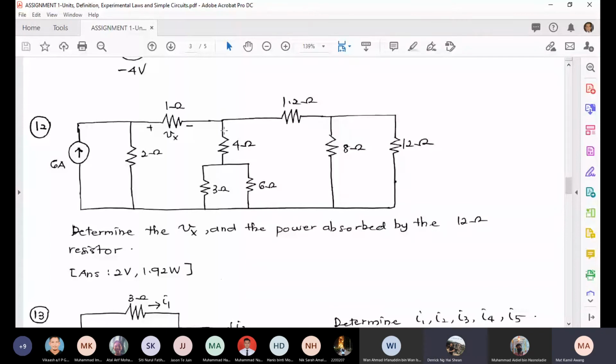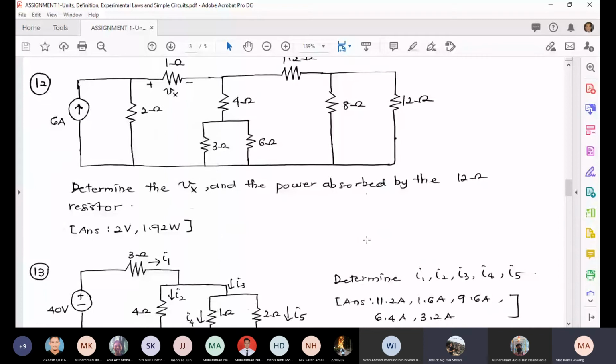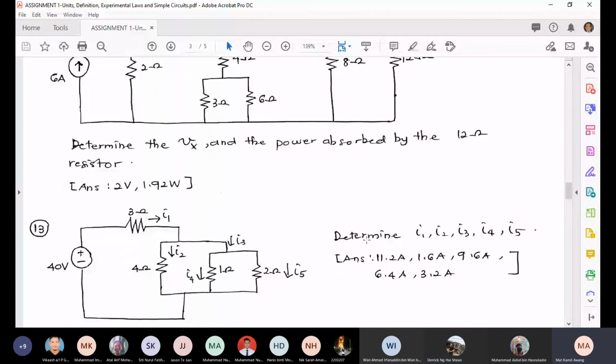Now this resultant resistance is in parallel with the resultant of this resistance. Then you can start finding the Vx. That's how you do it, so you continue from there.